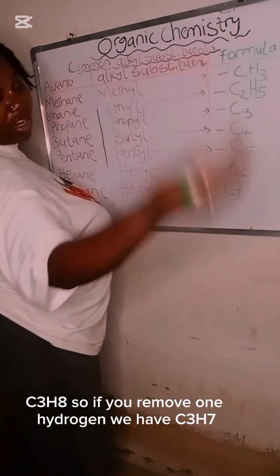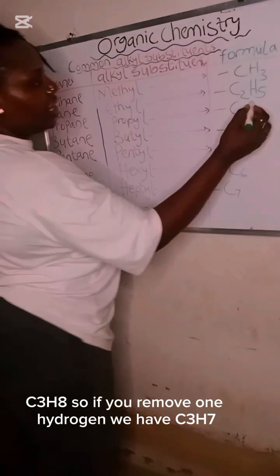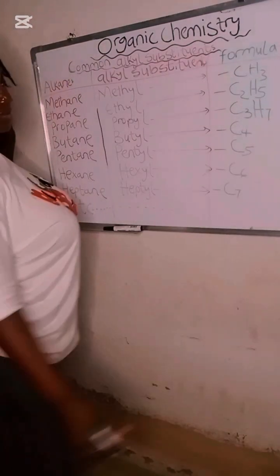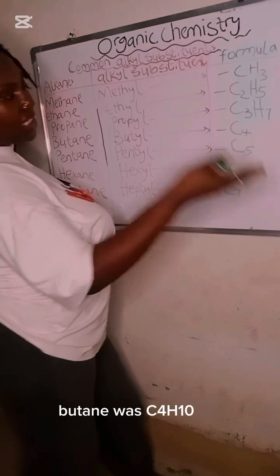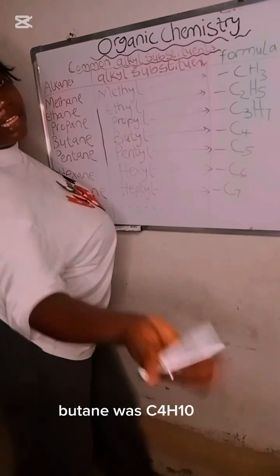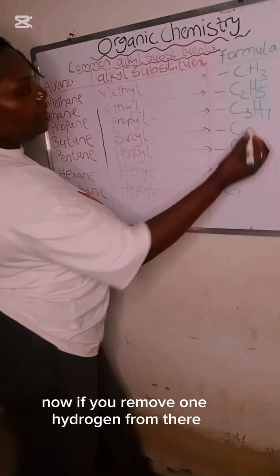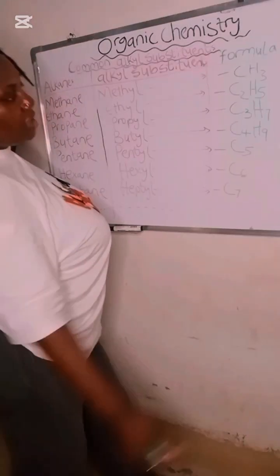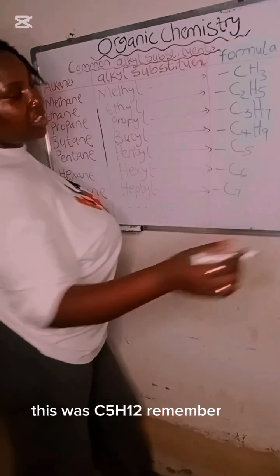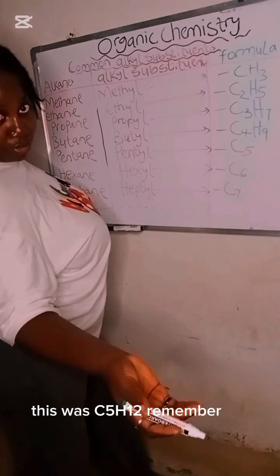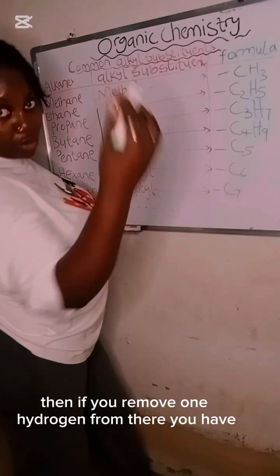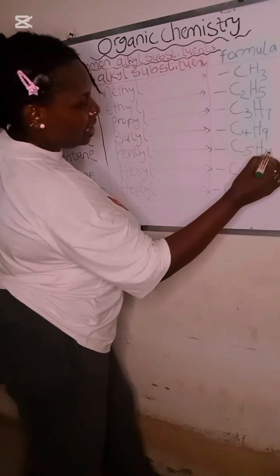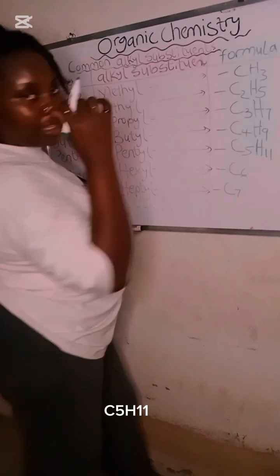So if you remove one hydrogen, we have C3H7. Butane was C4H10. Now, if you remove one hydrogen from there, you have C4H9. Pentane was C5H12. Remember? Then if you remove one hydrogen from there, you have C5H11.